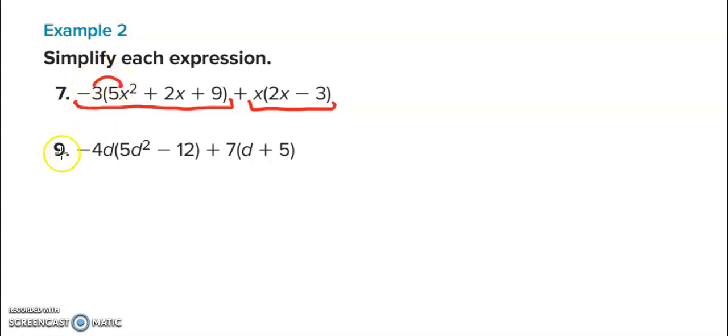Negative 3 times 5x squared. Well, negative 3 times negative 5 is negative 15, and then the x squared won't change because it's not being multiplied by another variable. Then we do this one. So negative 3 times negative 2, or positive 2, negative 6. And that x doesn't have anything to multiply it by. Negative 3 times positive 9, negative 27.